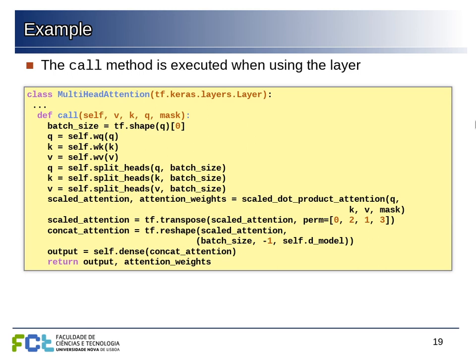So this is how we use the layer object. We create this call method that is going to be executed by TensorFlow and Keras when it's using the layer. And in this case, we receive the values, the keys and the query and the mask.